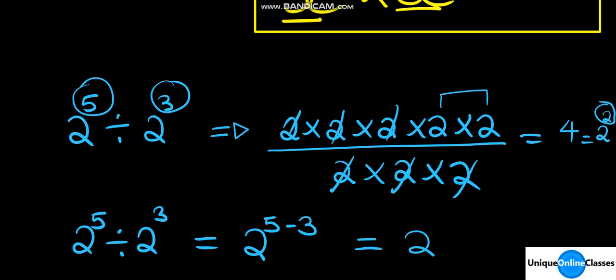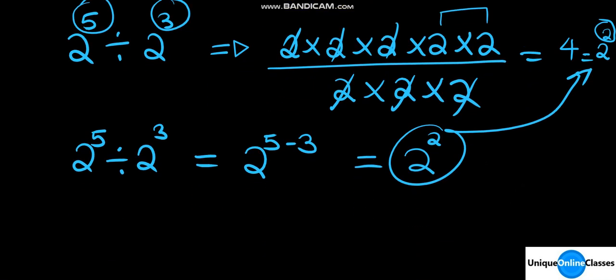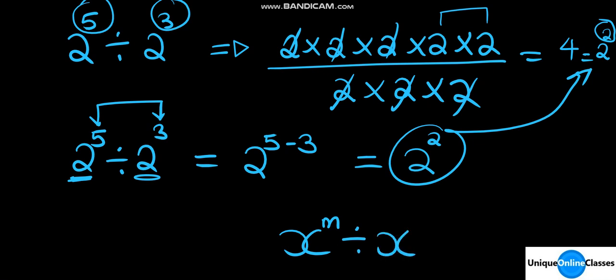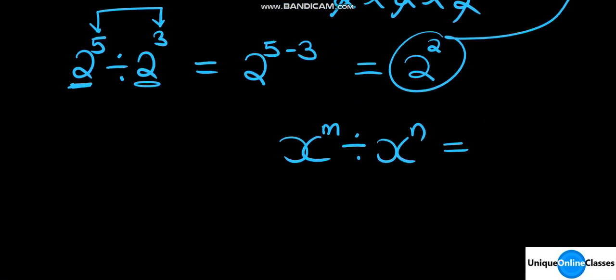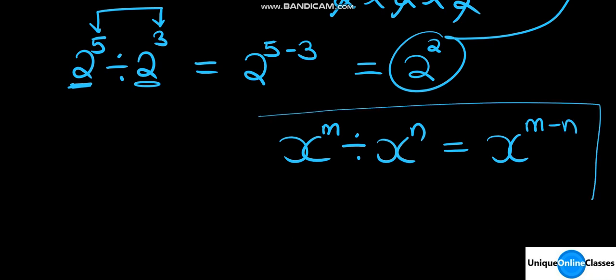If you subtract 5 minus 3, the answer is 2. This means that when you are dividing numbers of the same base, here base 2 also base 2, you just subtract the powers. Because our rule here is, if you have x power m divided by x power n, the answer is the same as x raised to the power m minus n. So this is our second rule.